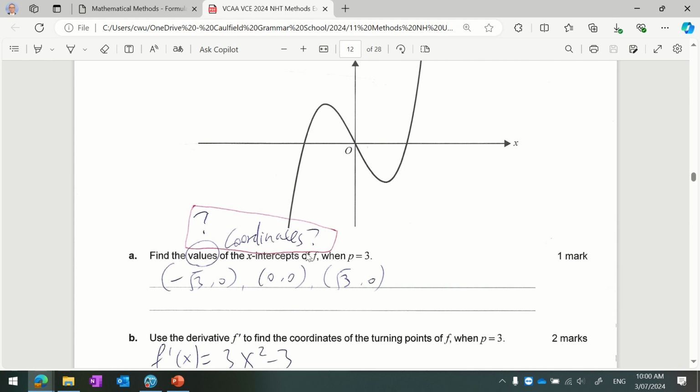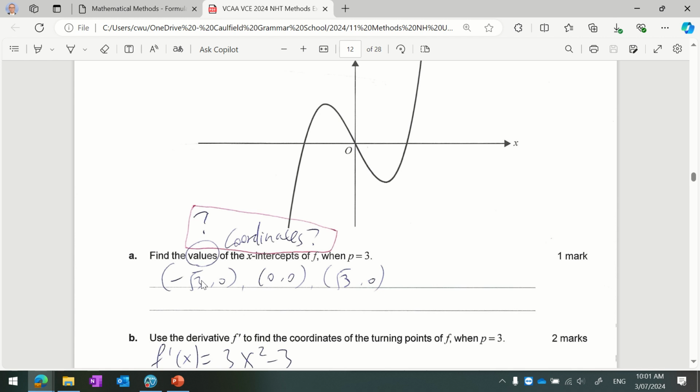A point can only be specified by coordinates, plural, two of them, in order. It's called an ordered pair. So the language is not exactly correct. There is no value of x-intercept. There is only coordinates of an x-intercept.